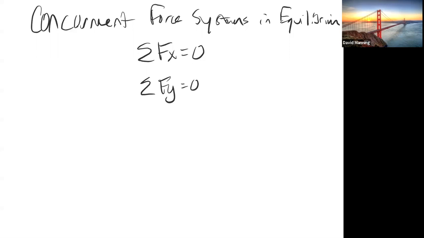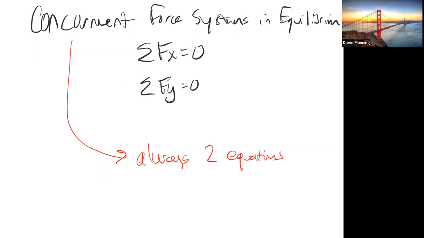Those are the two things you have to satisfy for a concurrent force system in equilibrium. We're always going to have two equations, always. And we're not going to be doing any charts anymore, because we're going to solve these out linearly, because we're going to have to use some algebra.